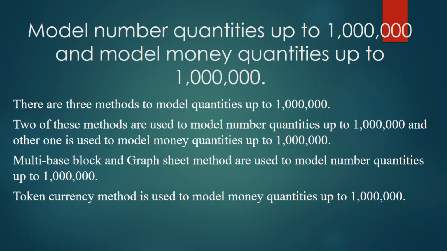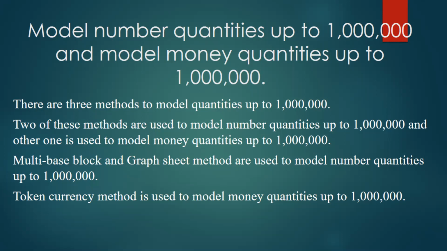What I said is that we have three methods to model quantities up to 1 million. Of the three methods, two are used to model number quantities, and the other method is used to model money quantities up to 1 million. So there are differences here: we have number quantities and money quantities.